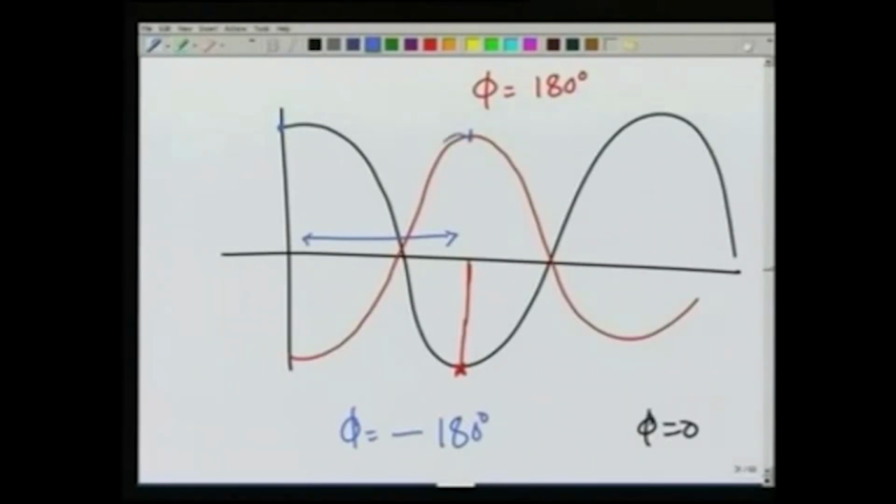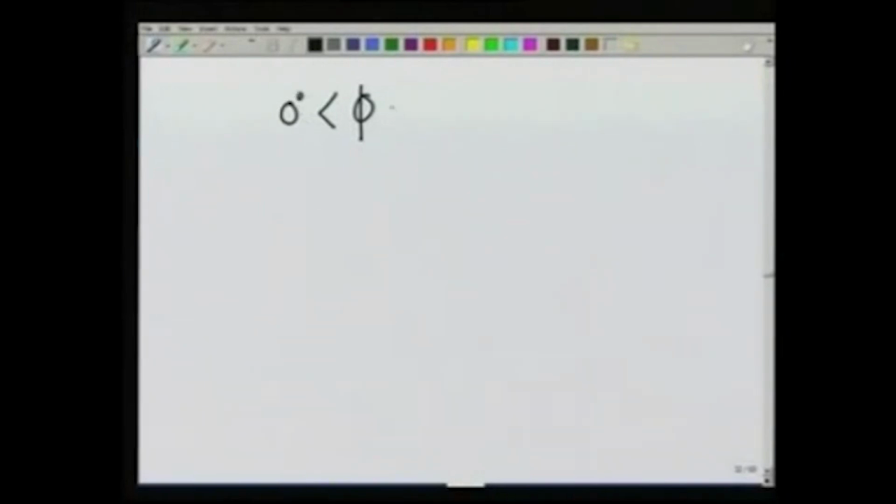So minus 180 degrees also would look something like this. So you see the phases 180 degrees and minus 180 degrees mean one and the same thing. Therefore, in describing the motion, it is best to keep phi limited between 0 degrees and 180 degrees.